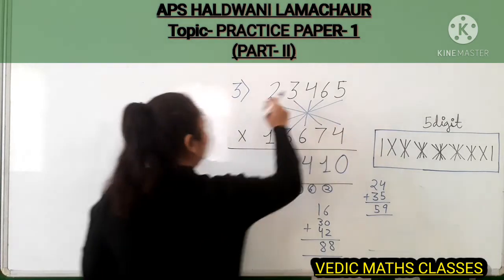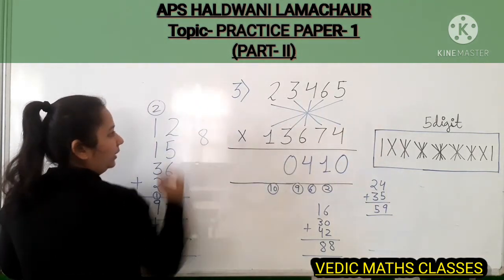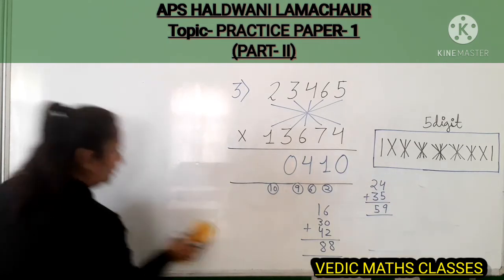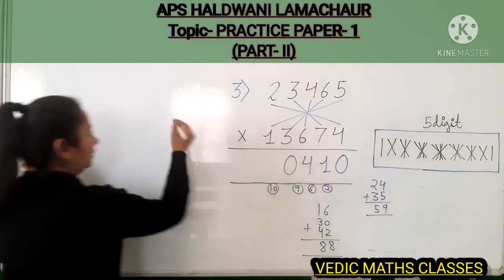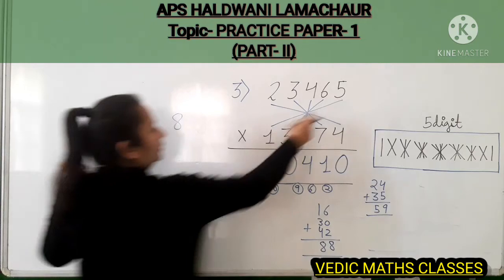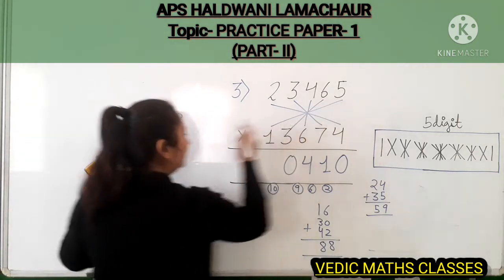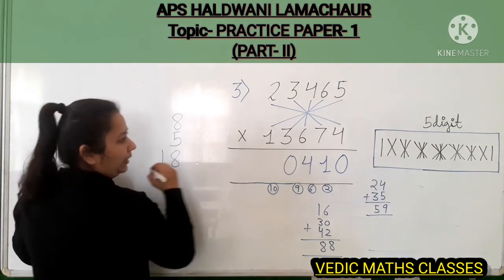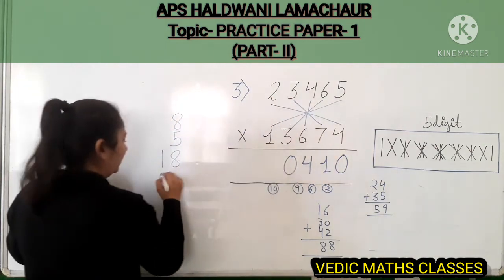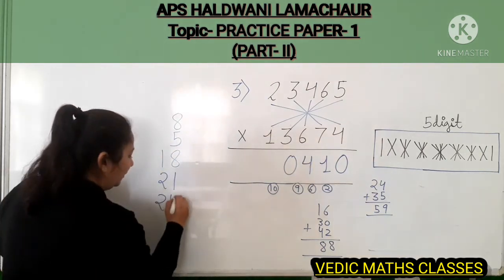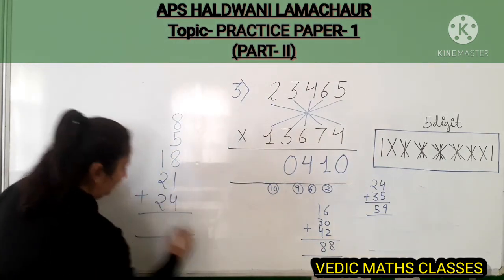Now 4 2s are 8. I can rub this so that we can do our calculations here. Now 4 2s are 8. 5 1s are 5. 6 3s are 18. 7 3s are 21 and the mid one 6 4s are 24. Now add them.